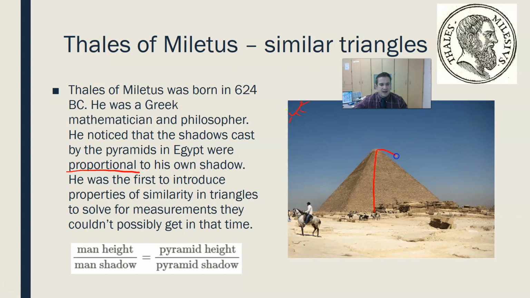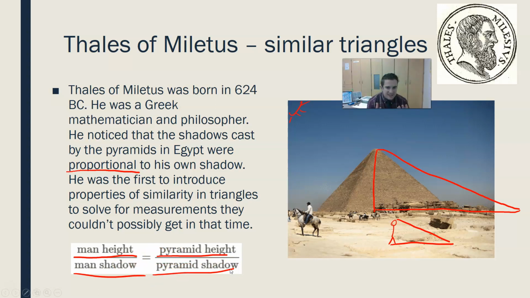So, say the sun's over here, and here's Thales. He noticed that the length of his shadow was proportional to the length of the pyramid's shadow. Over here I have the math equation that represents that: Thales' height divided by his shadow is equal to the pyramid's height divided by the length of its shadow.